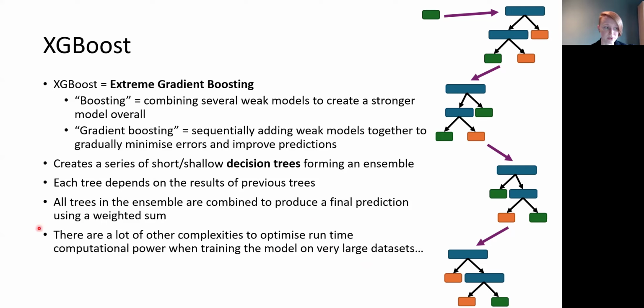This is one of the big reasons why you see XGBoost quite a lot, I think. What this means is that rather than these trees being built sequentially, like this might suggest, you can build trees in parallel and do a whole load of stuff at the same time to try and reduce the runtime.